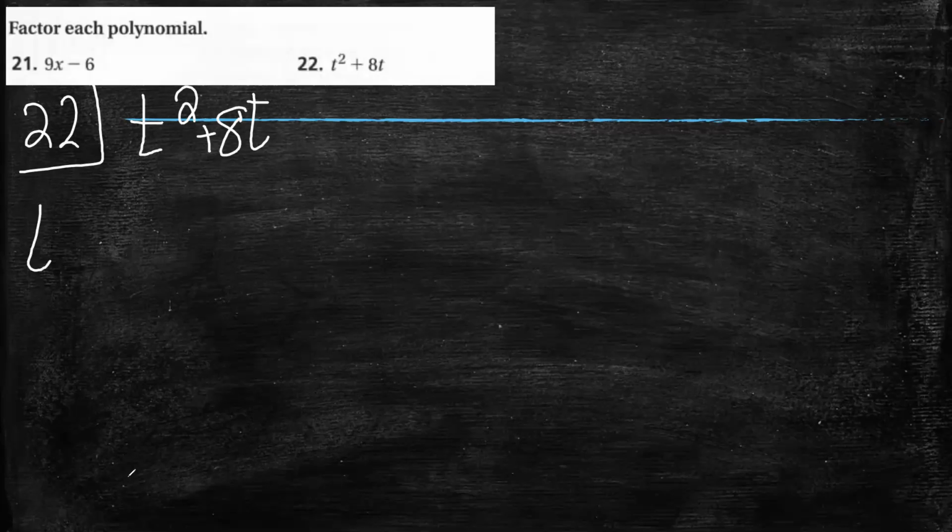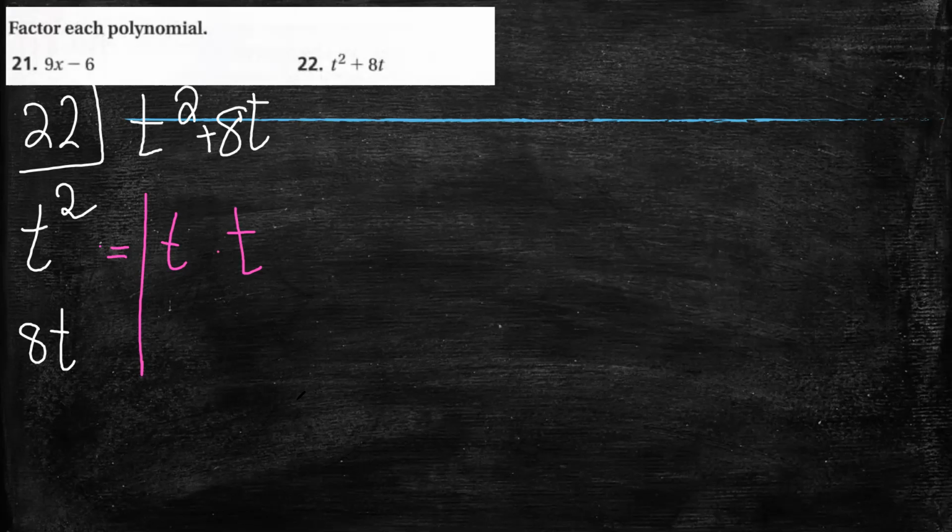Let's put t squared here and 8t here, and then factorize them as we said. How many t here we have? 2 t's, is it right? And down, we have t and 8.